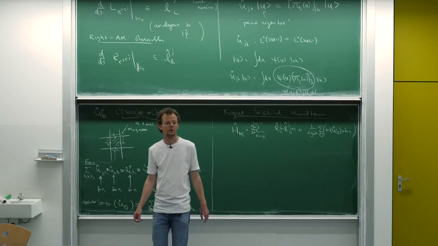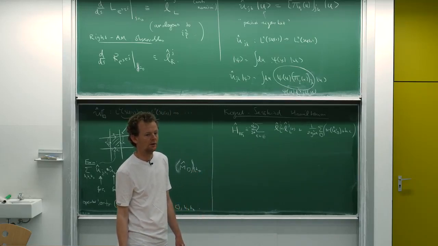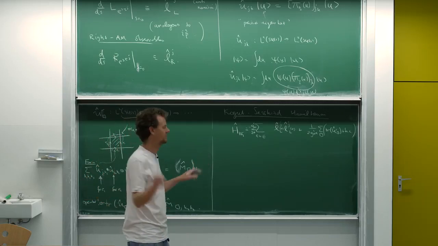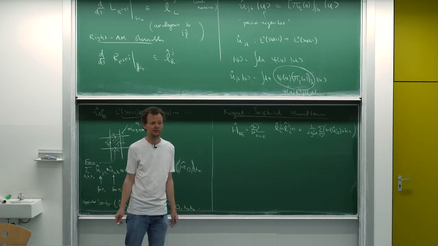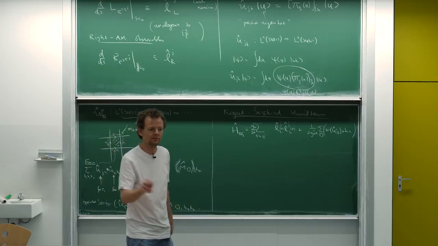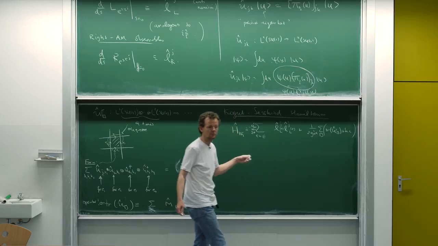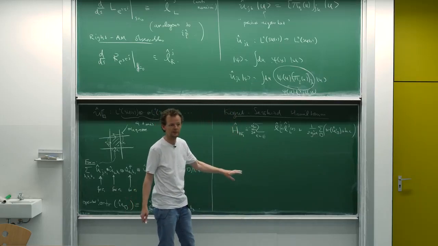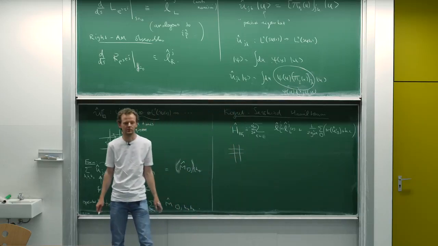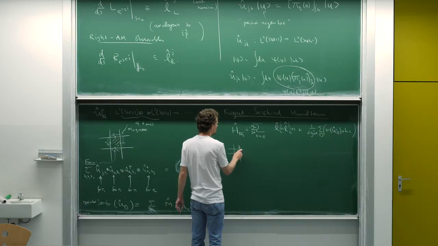Sorry? Yeah? You assume some periodic boundary conditions, or what happens at the... Well, yeah, I've been a bit vague about what happens at the ends of the lattice. So the question is, do I assume periodic boundary conditions? You can assume whatever boundary conditions you like. This works for a finite lattice, it works for an infinite lattice. If you have open boundary conditions, these plaquettes are not so well defined, you can just choose not to impose them at the boundaries. So if you have a little lattice that looks like this with open boundary conditions, then you might wonder what to do here.